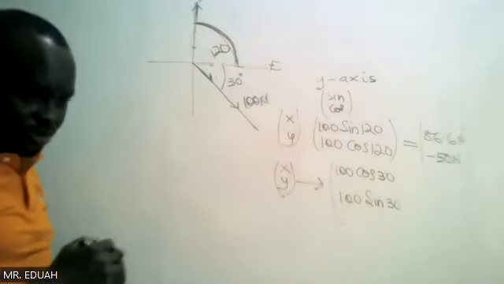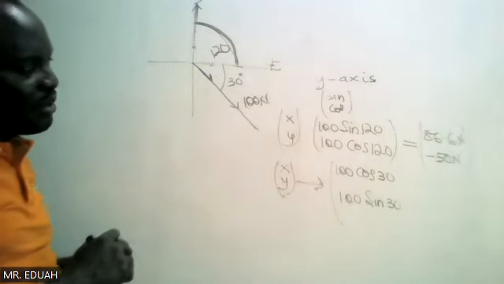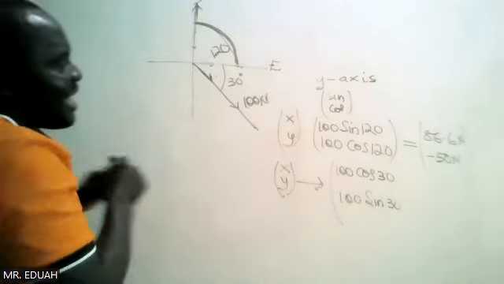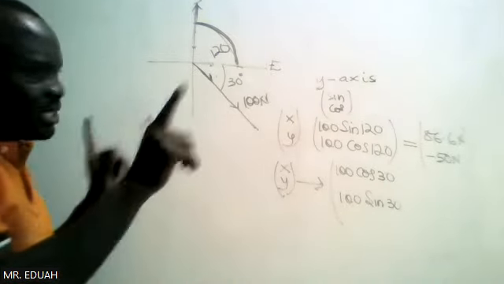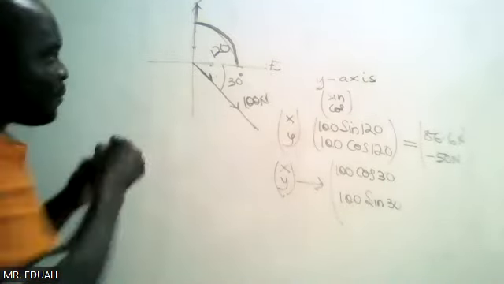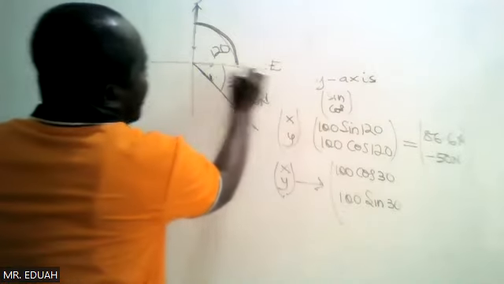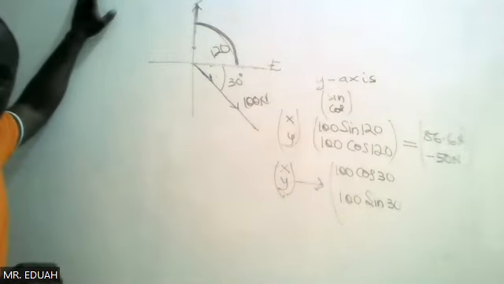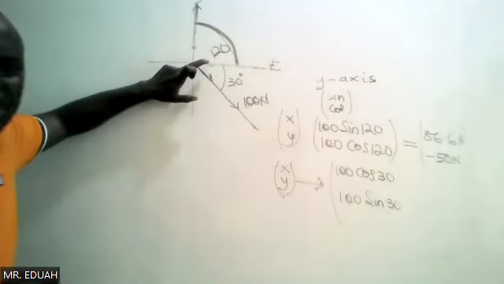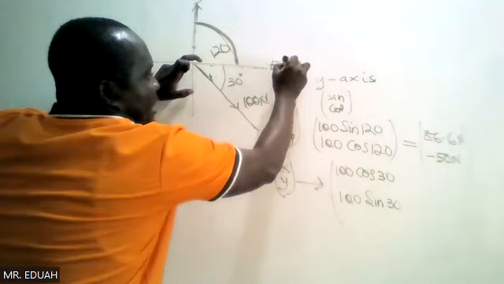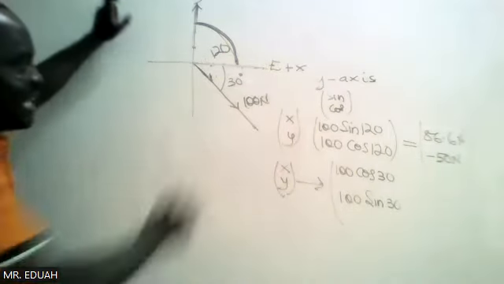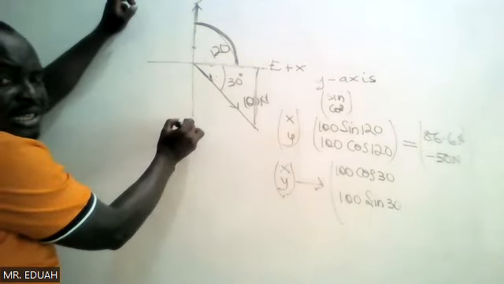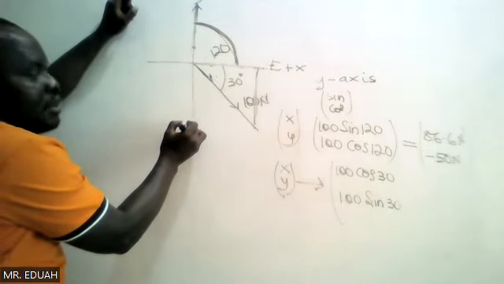But that's not all. You have to look at something else. You have to look at the axis within which the component falls. Look at the x component, or the horizontal component. This is along the positive x, and then the vertical component, which is this, is along the negative y.